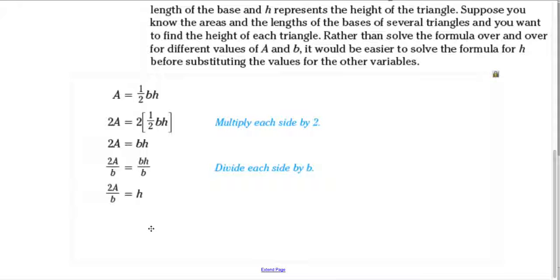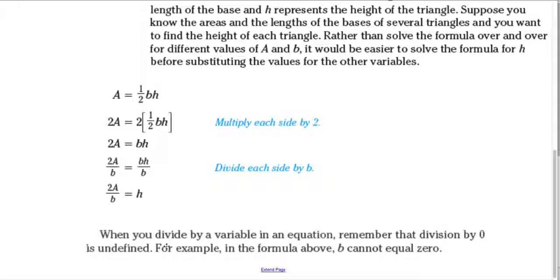When you divide by a variable in an equation, remember that division by 0 is undefined. For example, in the formula above, b cannot equal 0. So even though you have this formula, you need a restriction saying that b cannot be equal to 0, or else that number would be undefined.